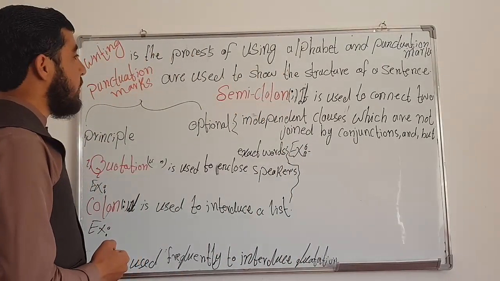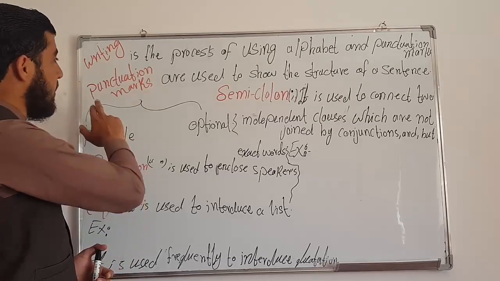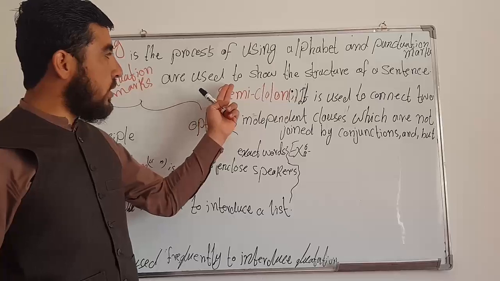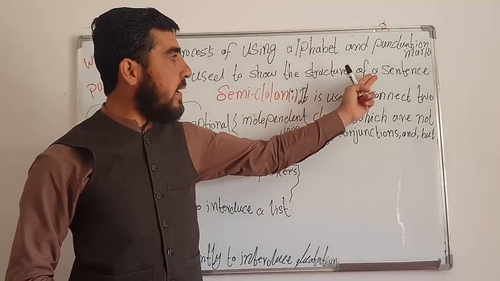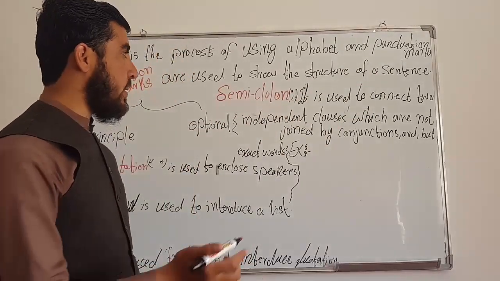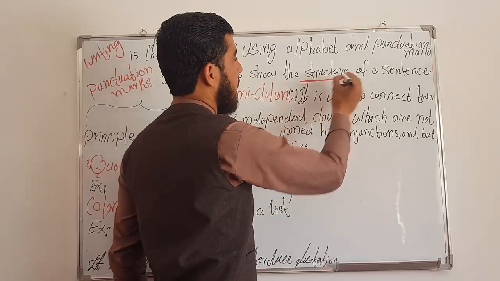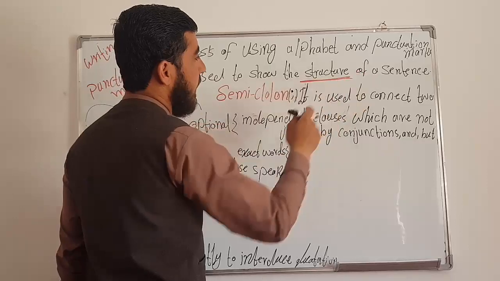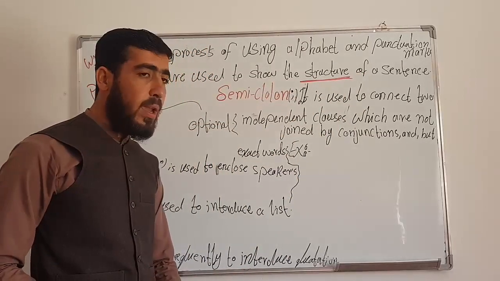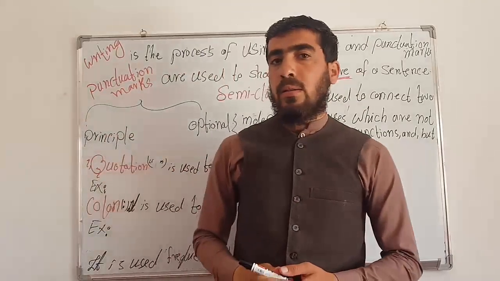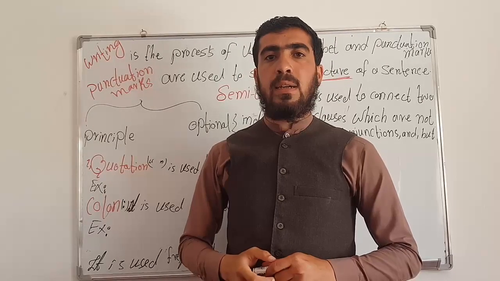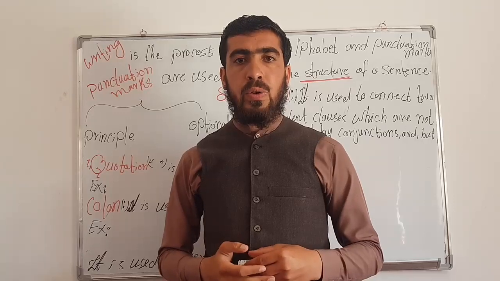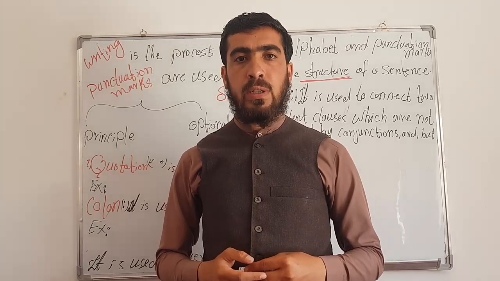So today we are talking about just punctuation marks. Punctuation marks are used to show the structure of a sentence. Concentrate here. Friends, punctuation marks guide us on the structure of a sentence, and where we should use punctuation marks.